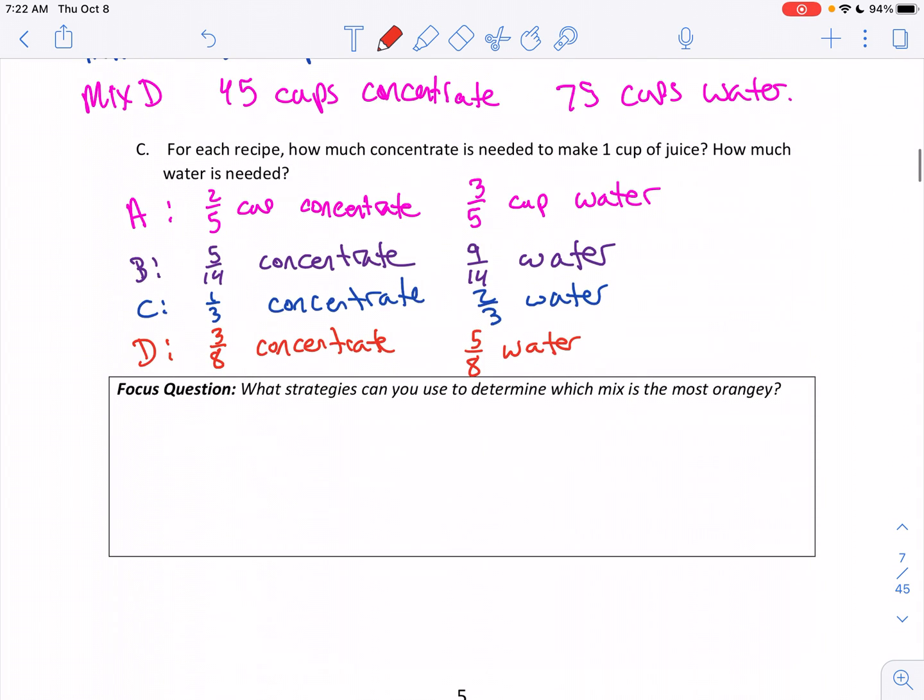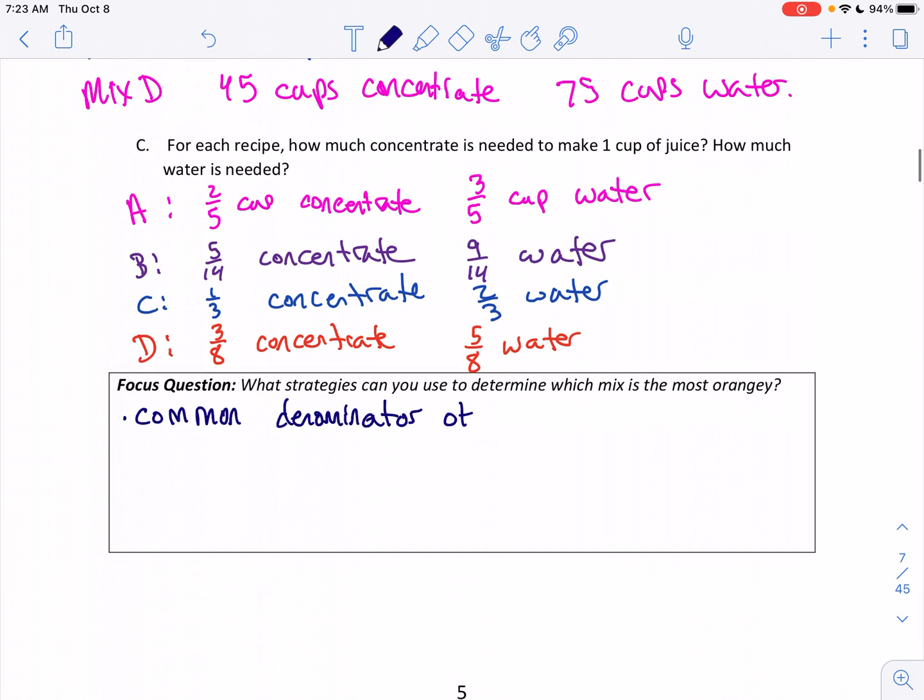Okay, so our focus question: what strategies can you use to determine which mix is the most orangey? There are lots of options, but we're going to talk about a few. One option would be to find a common denominator of part to whole. You could draw a picture.